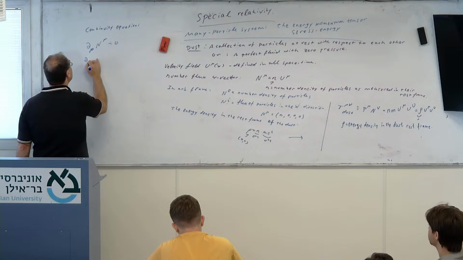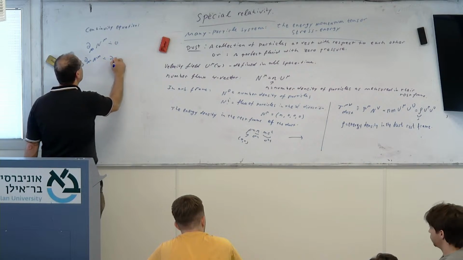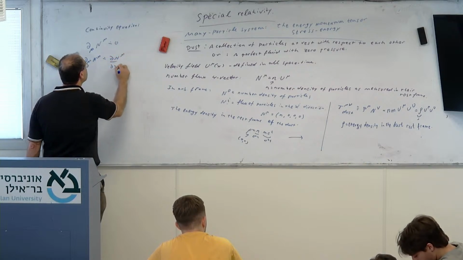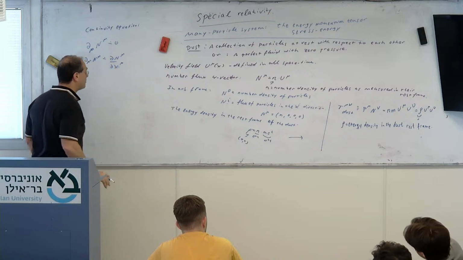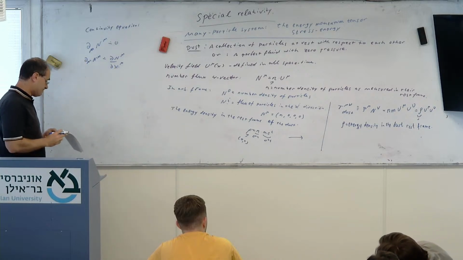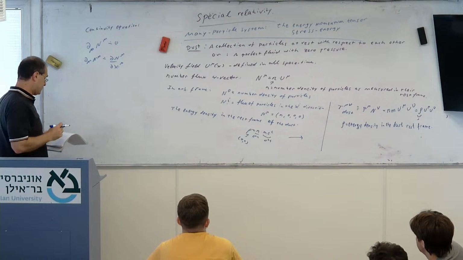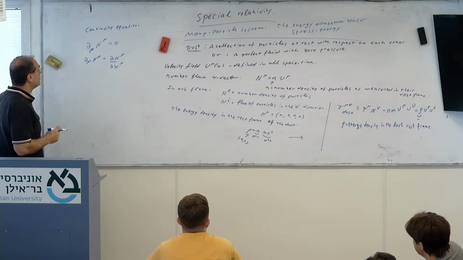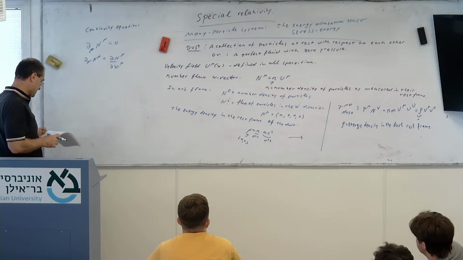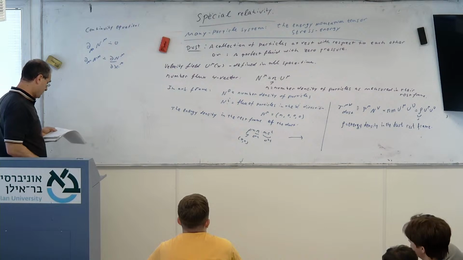What is that? The derivative partial_mu of n^mu is d n^mu over dx^mu. In fact, it's not just a continuity equation, it's more than that.